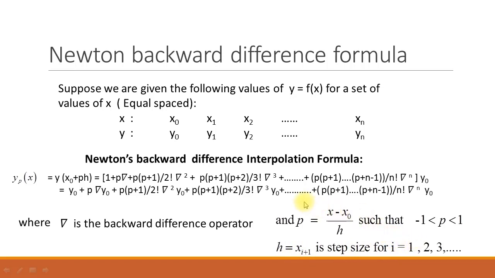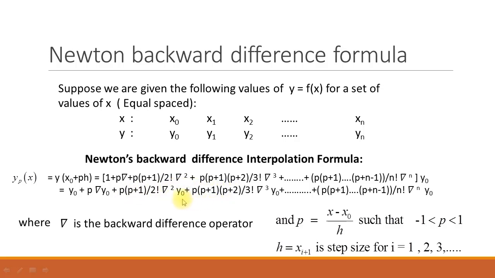Dear students, in the Newton forward difference interpolation formula, in this expression a minus symbol is used, like p(p-1), p(p-1)(p-2).